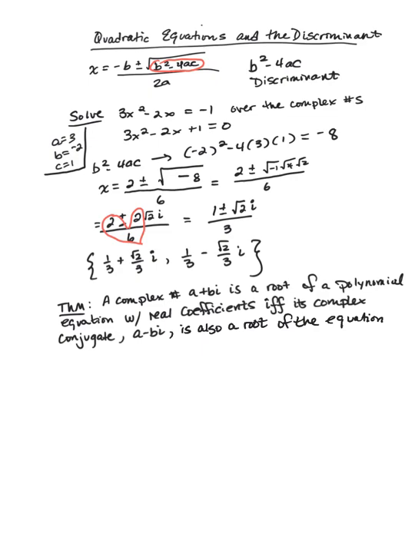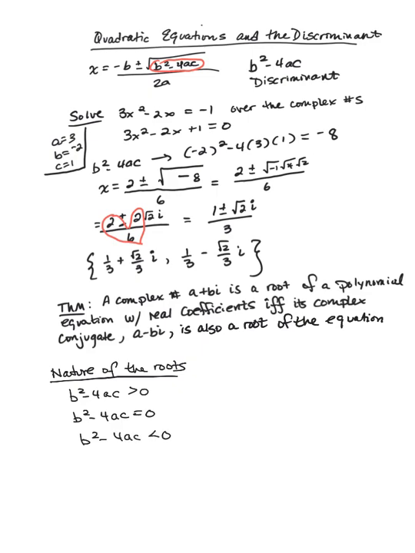Now, as far as the nature of the roots, let's talk about the nature of the roots. So there are three things that can happen with the discriminant. Either the discriminant can be positive, the discriminant can be 0, or the discriminant can be negative.